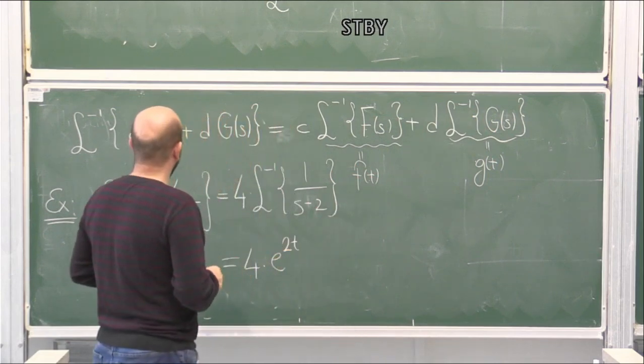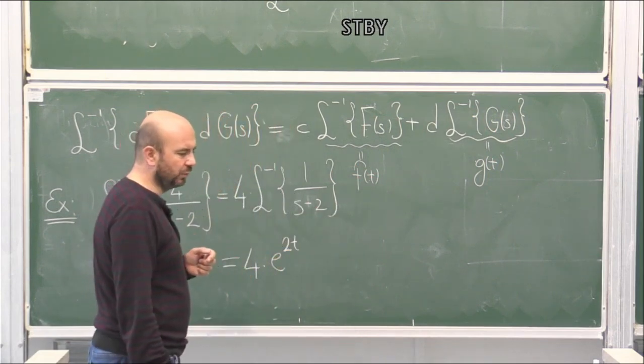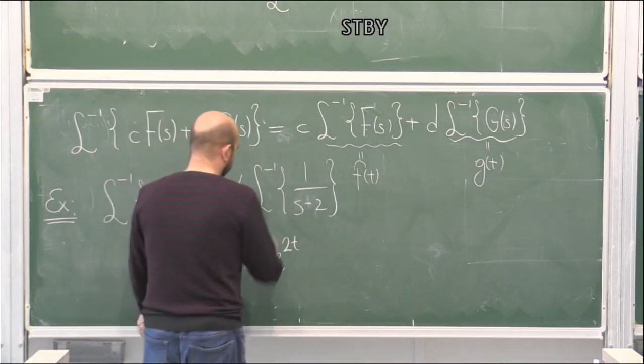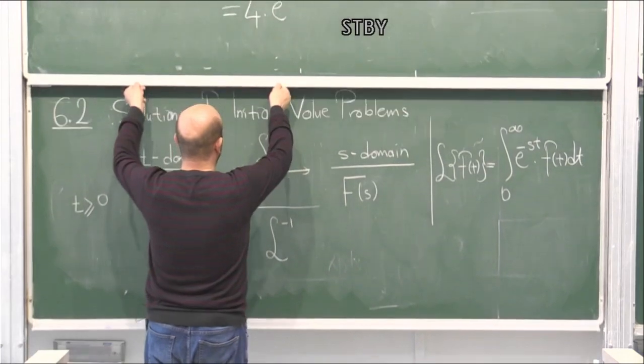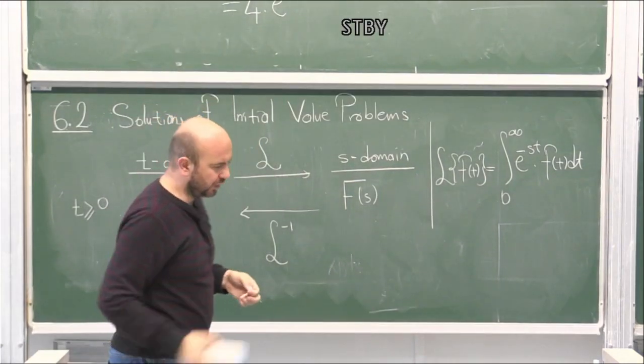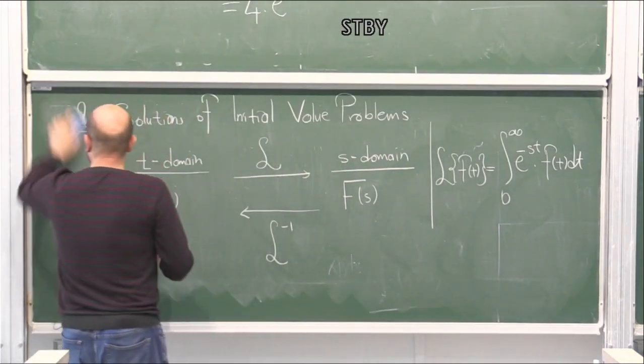Okay. Now, let's do maybe one more example, which is more complicated than this one for the inverse. And then we can start solving initial value problems.